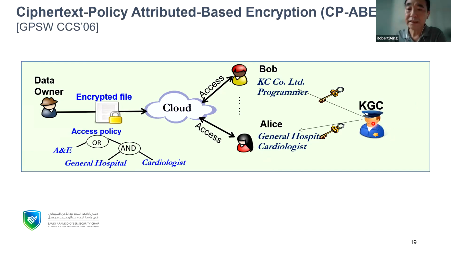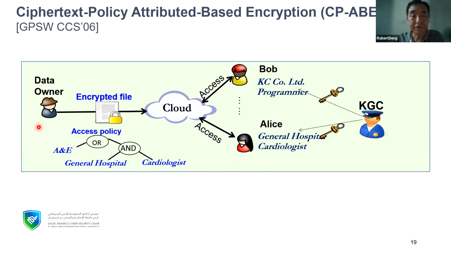When the KGC issues a private key for decryption, this key is bound with the attributes. So the more attributes you have, the more access privileges the user will have. All right, so the attributes and the key are bound together. So this is for the data users.